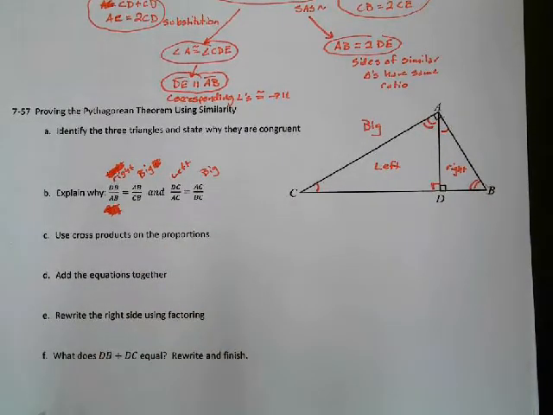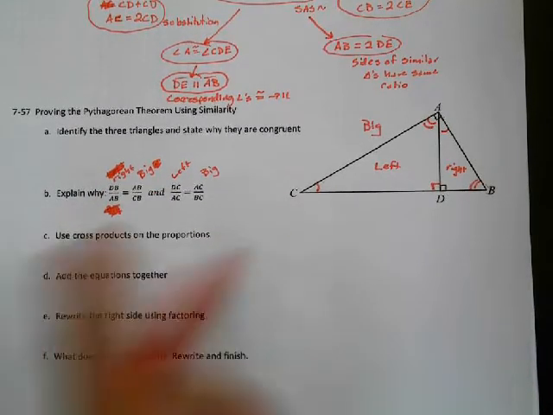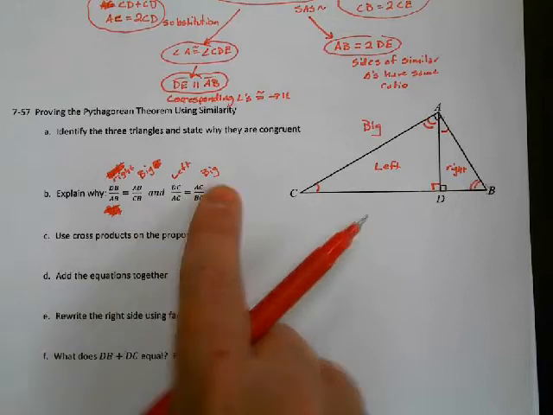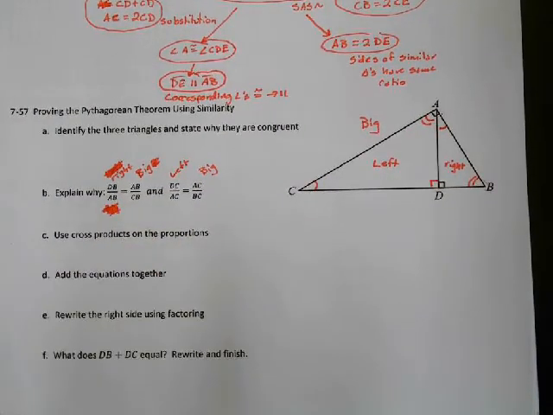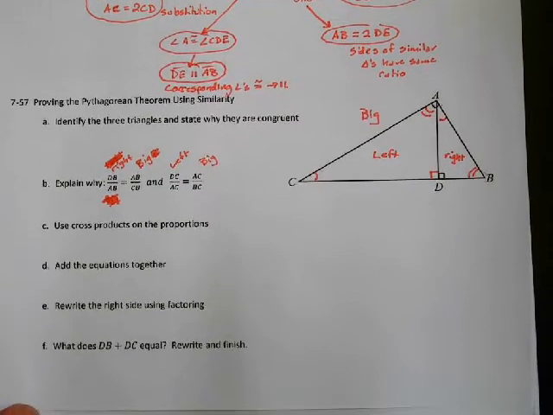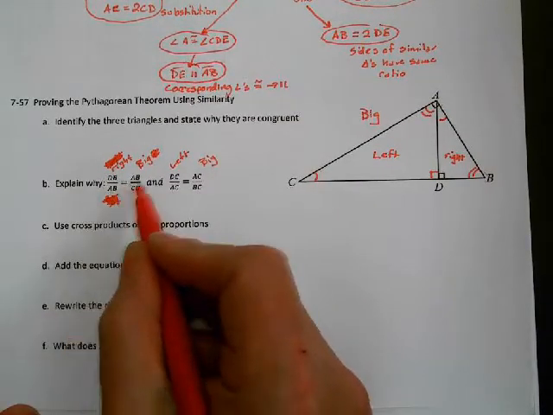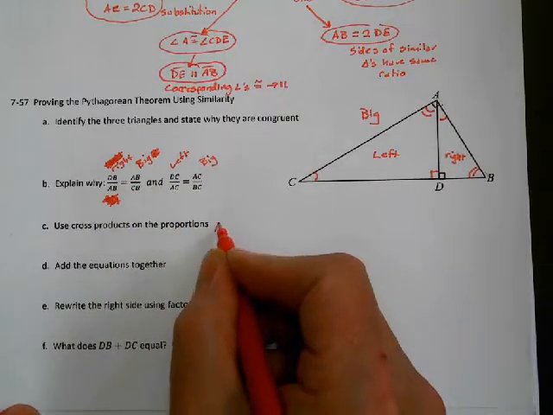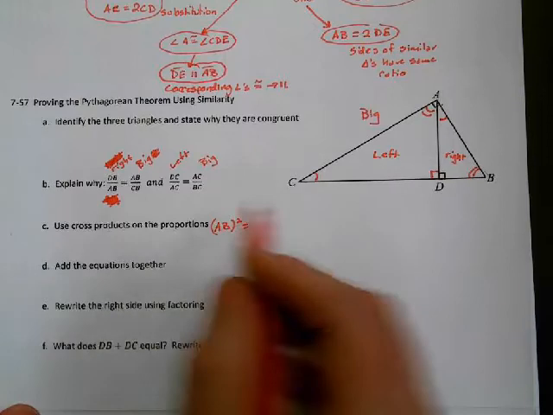These two compare the right triangle to the big triangle. These two compare the left triangle to the big triangle. And we're going to use cross products to see if we can prove the Pythagorean theorem works. So cross products, this would be AB times AB, that would be AB squared, is equal to DB times CB.